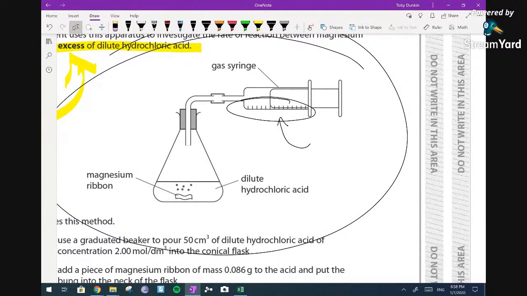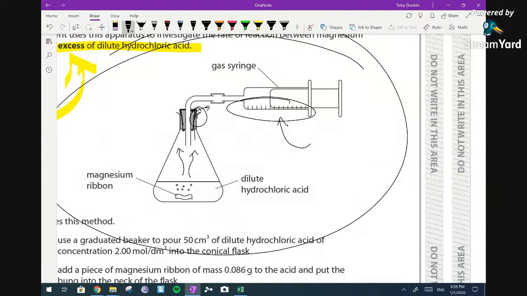Another thing that this practical often lends itself to are problems in setup. You often see interesting points where they draw a bung which is too small. And they'll draw a bung like this, and there'll be a gap between the bung and the conical flask. And so what this means is any gas produced would escape through that gap.